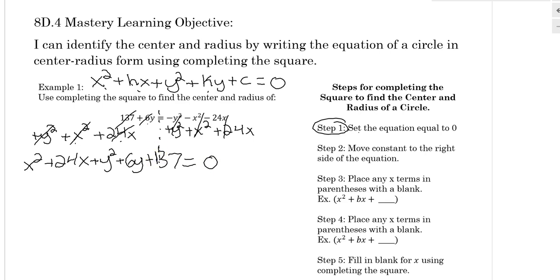Once we do that, now we're exactly where we were before. Step 2. Move the constant to the right side of the equation. So I'm going to subtract 137 from both sides. So I have x squared plus 24x plus y squared plus 6y equals negative 137. Okay.